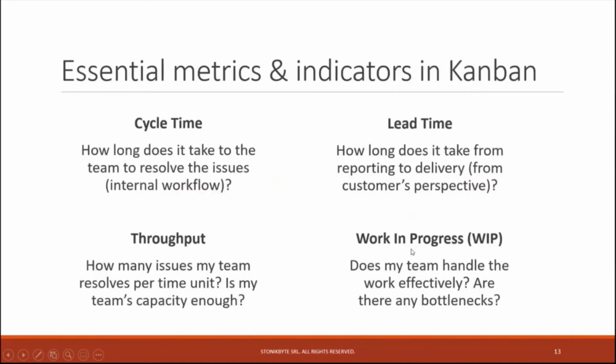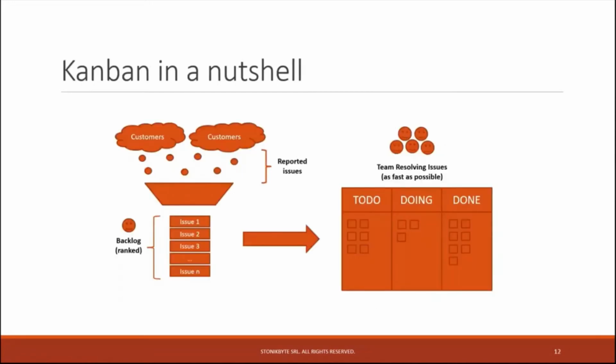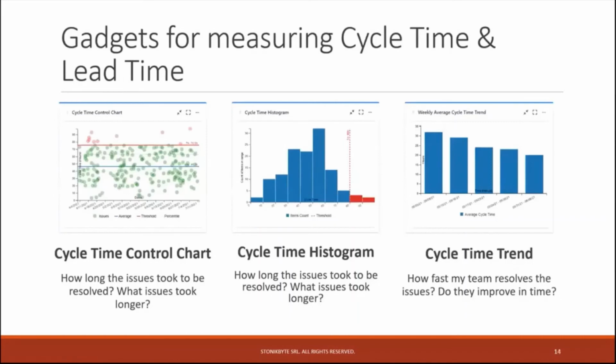And there is also the work in progress, which is essential to see if your process has bottlenecks or if it works smoothly. So it's an important indicator you should always look at if you manage such a process or a Kanban team. And for this, we have various gadgets available that I'm going to present.